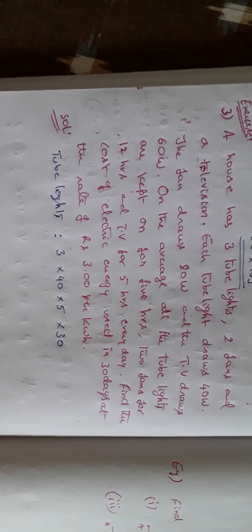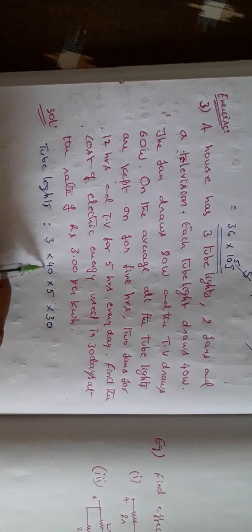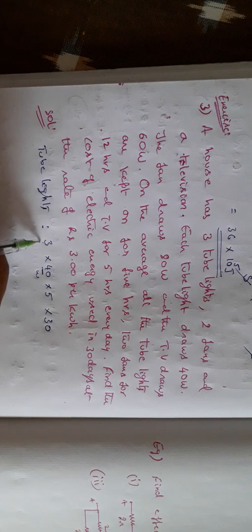So this is the hourly consumption of electrical energy in the case of tube lights. What do we have here? 3 tube lights, each of how many watts? This is 40 watts.